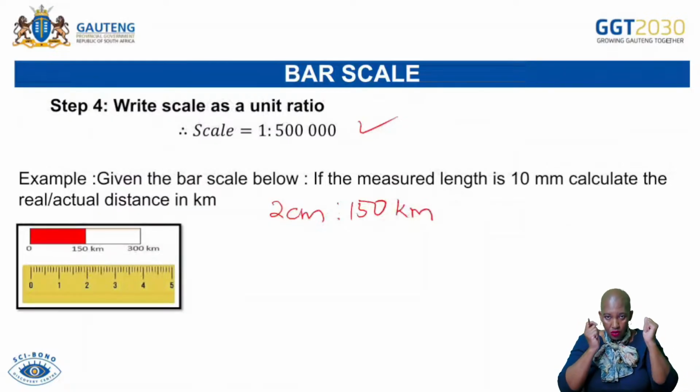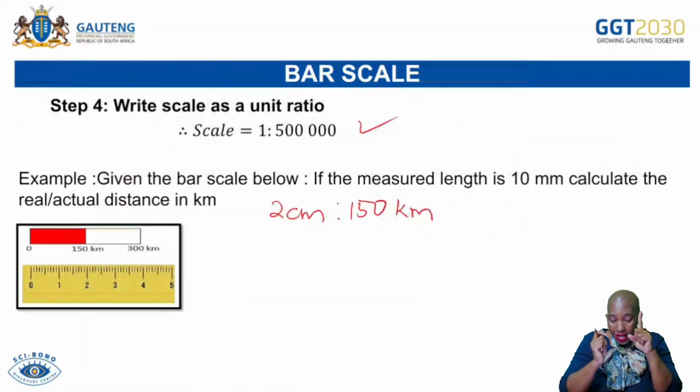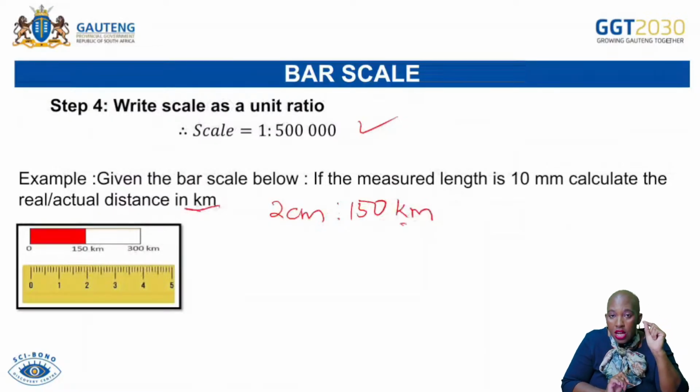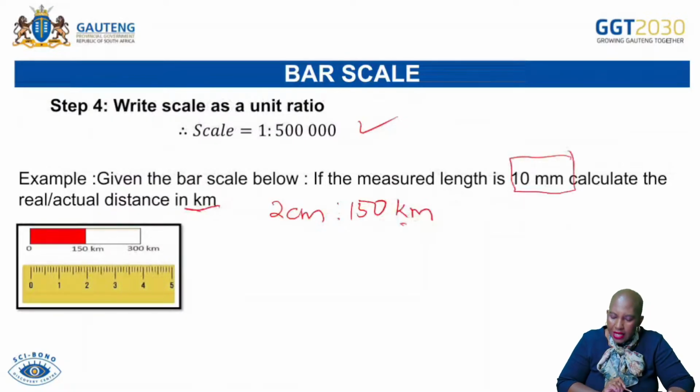Am I going to work with 2 different units? No. Remember, I have to convert to the same unit, but we have a lead. They say the answer must be in kilometers, and already we have a kilometer. Then they want to know the 10 millimeters. Now 10 millimeters are equal to how many kilometers in reality?